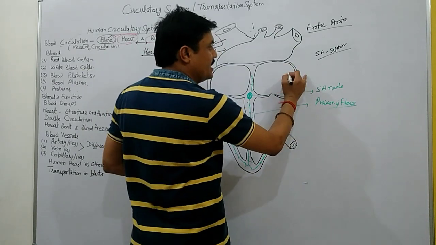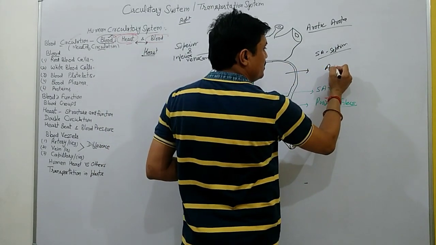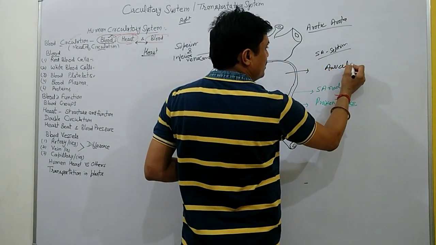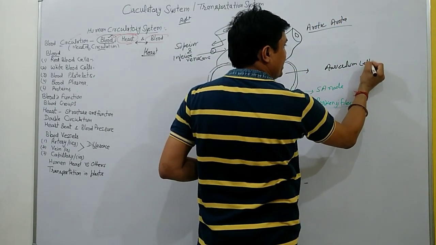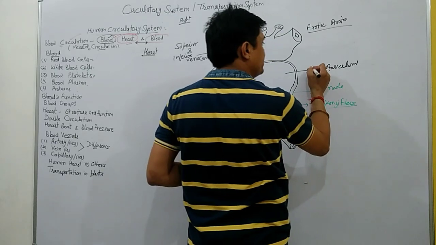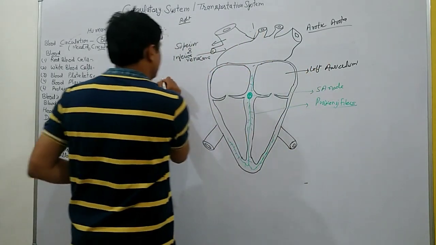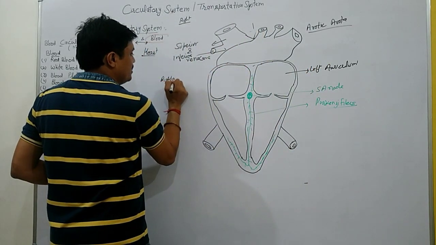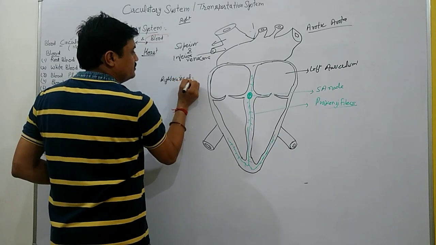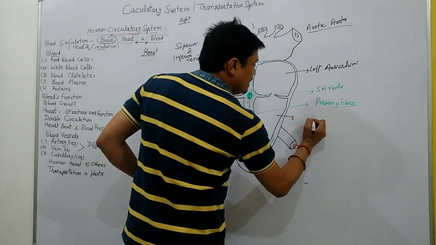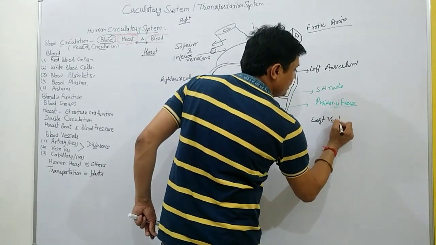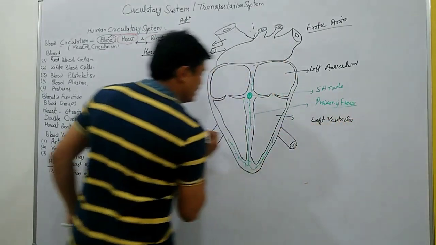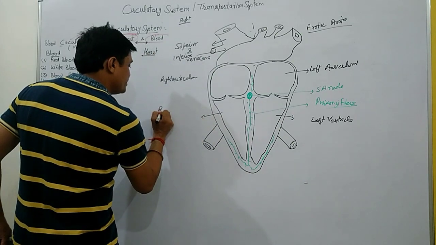This is the upper part. It is called the auriculum. Because this side is the left side, it is the left auriculum. You may write it here, left auriculum. It is the right auriculum. It is the left ventricle, and it is the right ventricle.